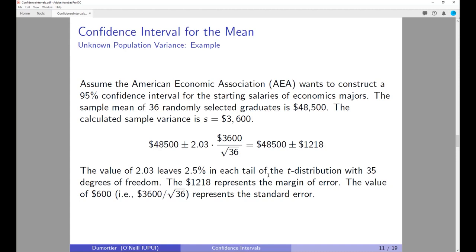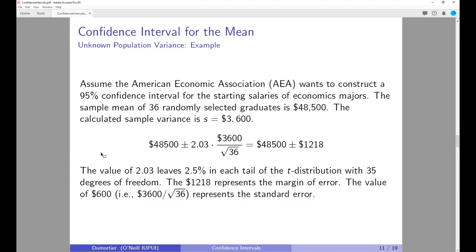Now let's assume that you estimate, based on those 36 random graduates, the standard deviation to be 3,600. Okay. Note that now you have $48,500 plus or minus a t-value of 2.03 times the 3,600 divided by the square root of 36. Right?